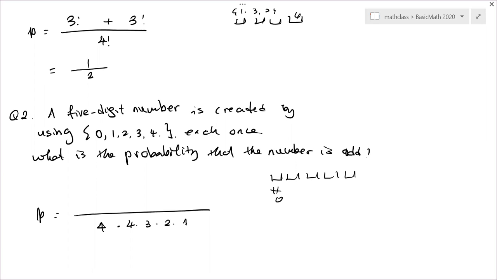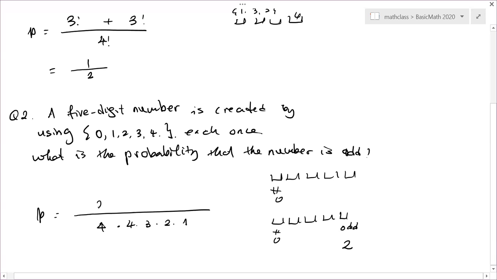Now, in order to get an odd number, the unit digit must be odd, and the first digit cannot be 0. How many choices do you have for the unit digit? You have 2 choices, odd: 1 and 3.